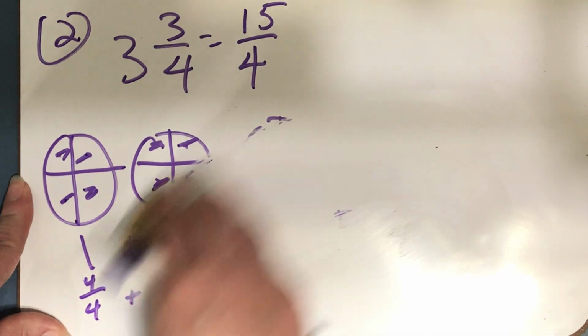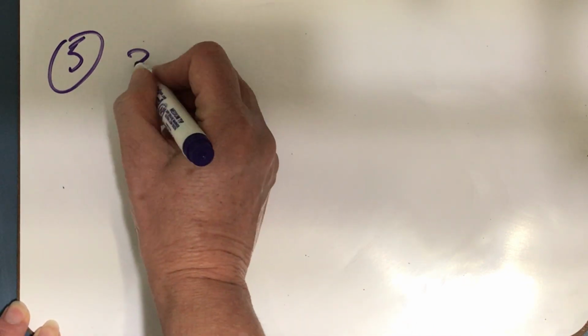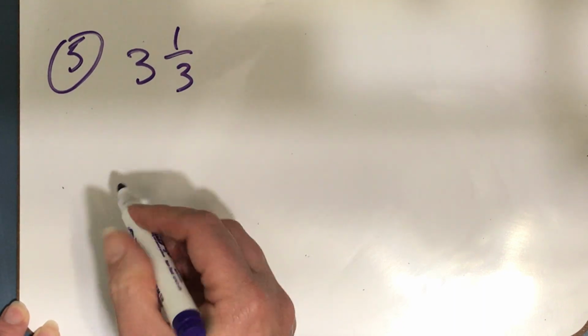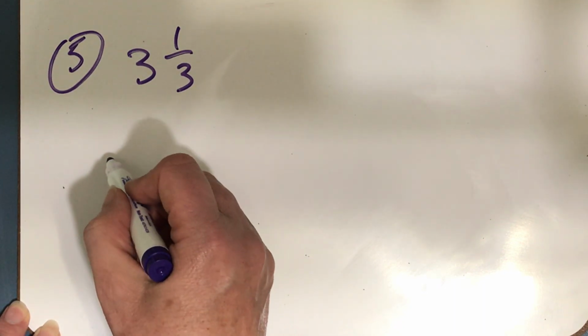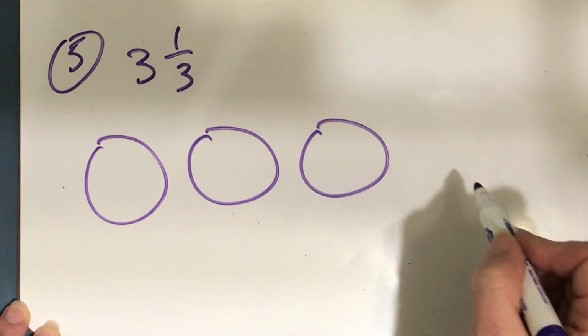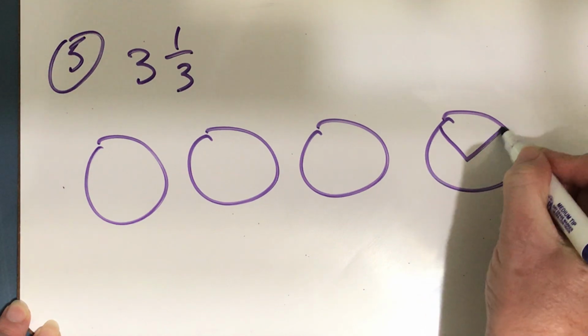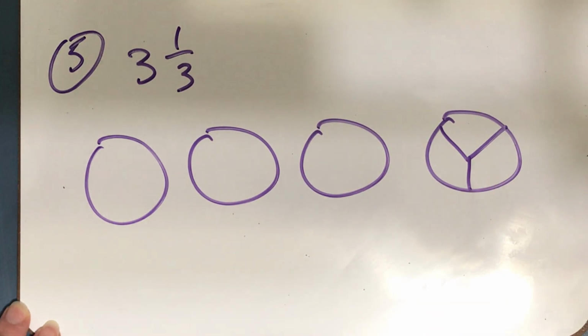I'm going to do one more of those with a model, then we're going to go to some without a model. All right, let's look at number 5. Number 5 says 3 1/3. I can do circles for that also. So 1, 2, 3, and then I need to draw one more so I can get my third in there. Just put a Y in there, and that'll give you your thirds.